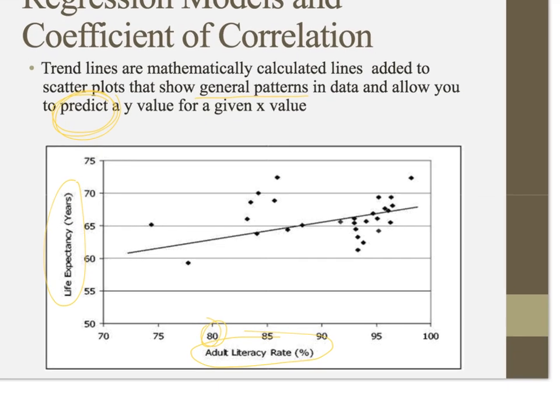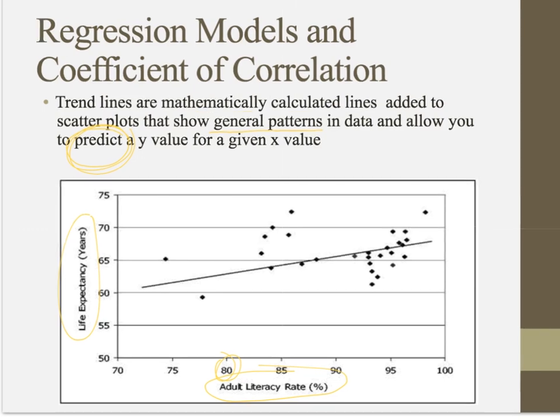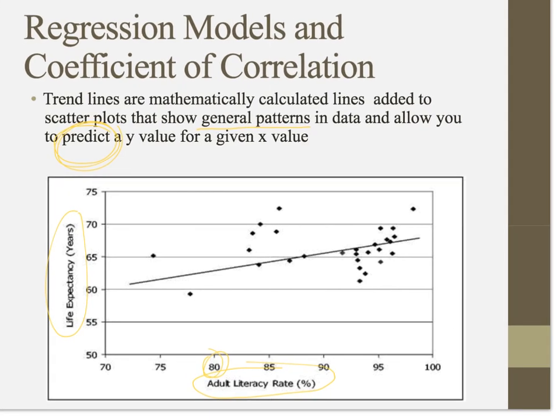So it doesn't look like in this study that anybody that weighed 80 kilograms, I hope this isn't kilograms. Well, no, sorry. Those aren't height and weight. Those are literacy rates. Sorry. We didn't have a country that participated in anything that had an 80% adult literacy rate. So let's say I discovered a new country and it had an 80% adult literacy rate, and I wanted to just make a guess or a prediction about the life expectancy of people there.